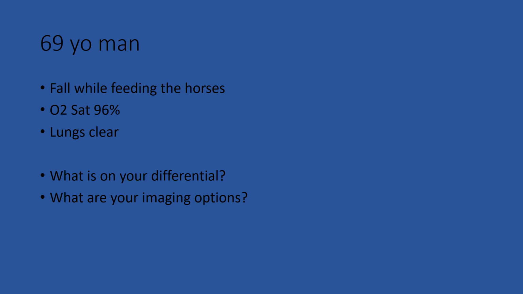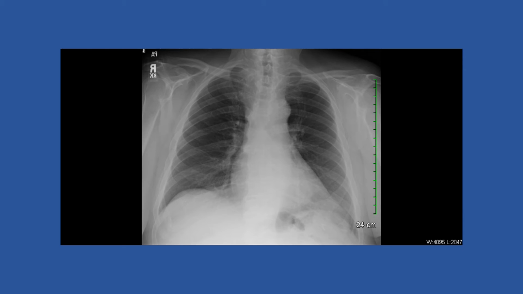So you're way more likely to pick up a fracture on a rib series than on just a basic chest x-ray. In fact, a chest x-ray often misses rib fractures. On the other hand, if all you're trying to do is make sure they don't have a pneumothorax, a chest x-ray is a reasonable option. So here's the PA.